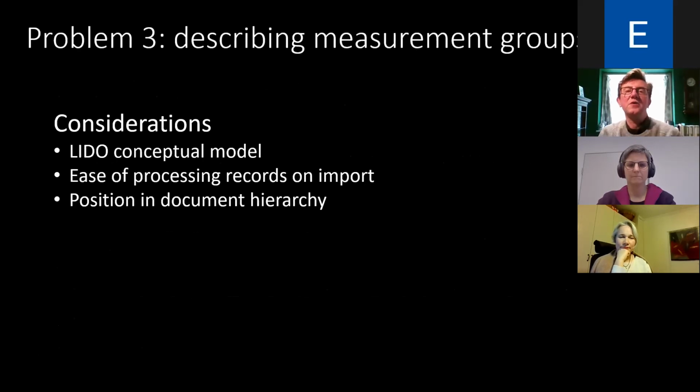Now, this is because we need to try and fit in with the higher level conceptual model that underpins LIDO. We also need to consider how easy it would be to process records. And we also need to place the information in a sensible place in the LIDO document, which is arranged hierarchically, that is above the data that it classifies.